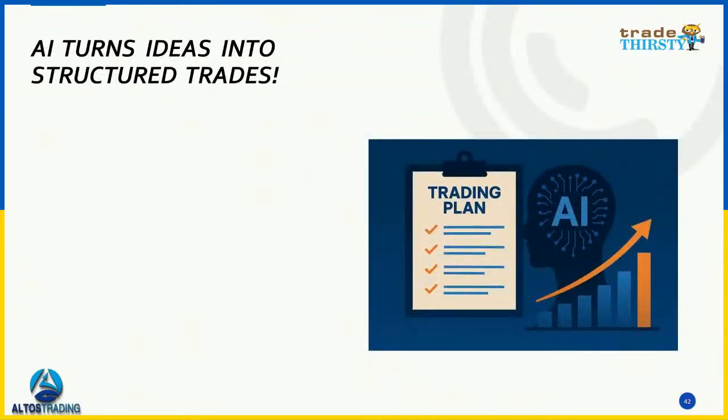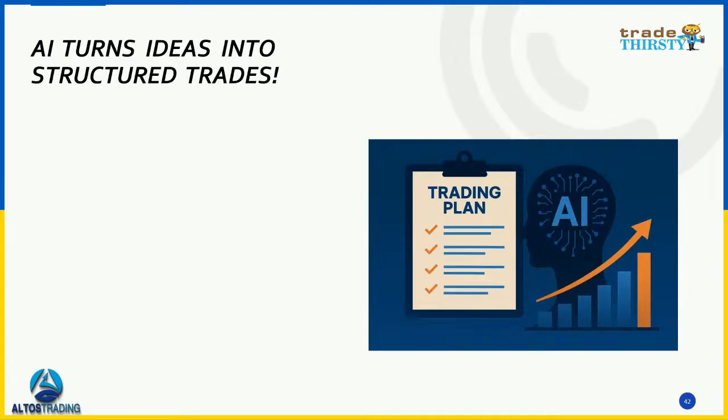All right, so now once you have an idea, this is where most traders fall apart, okay? So you get the idea, you have a trade thesis, you're ready to act on it, but there might not be a plan or a structure in place, or you're just reacting to the market. That's difficult not to do. Most of us are reacting to the market, okay? But AI can help slow that down.